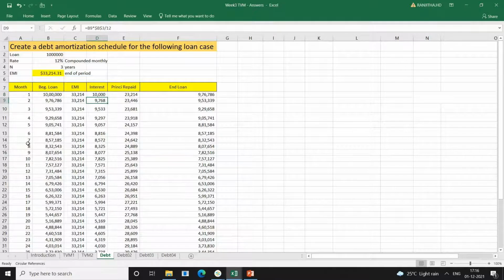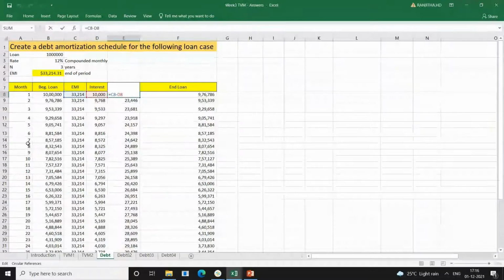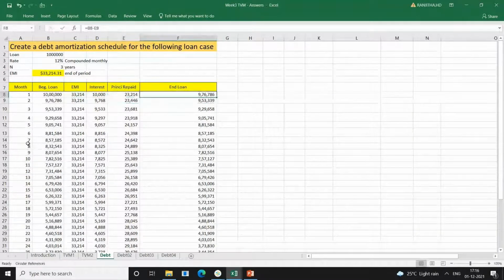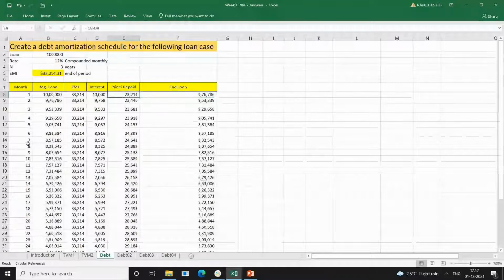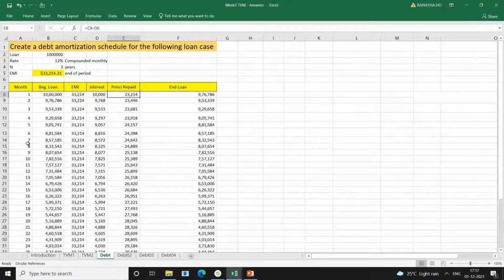So what is the principal repaid? That means you need to take the EMI and the interest. At the end of the loan, you need to subtract from the loan amount, then the principal repaid. So this is the amount.